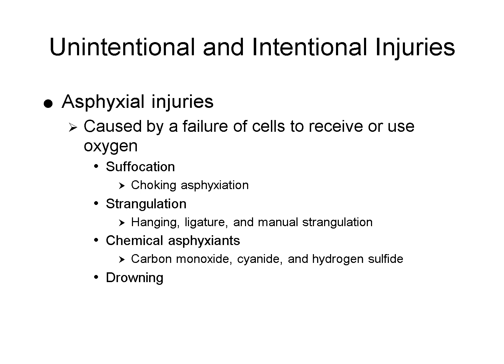Strangulation involves external pressure on the neck, seen in hanging, ligature strangulation, or manual strangulation. Chemical asphyxiants, such as carbon monoxide, cyanide, and hydrogen sulfide, interfere with oxygen delivery or utilization at the cellular level. Drowning is another form of asphyxial injury, where the airway is submerged in liquid, preventing oxygen intake and leading to hypoxia.